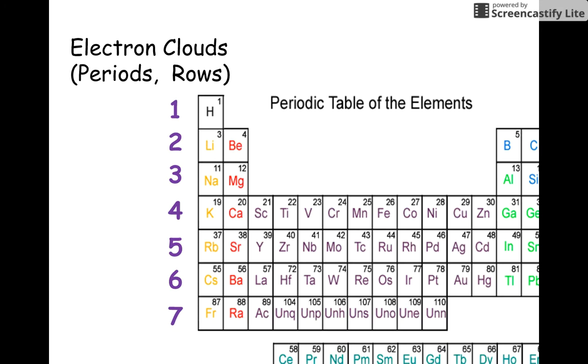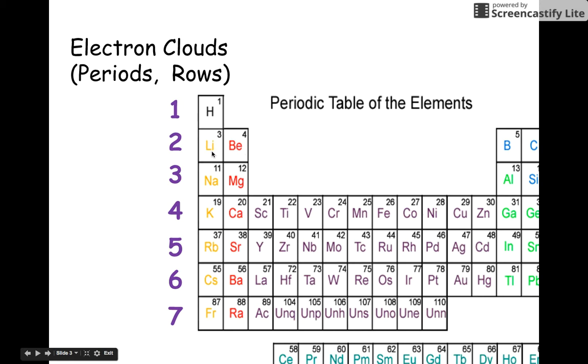One thing that I want you guys to understand is if you look at your periodic table, there are numbers for the rows. So they go 1 through 7. The number for the rows will be the number of electron shells that the atom would have. For example, hydrogen would have one electron shell.